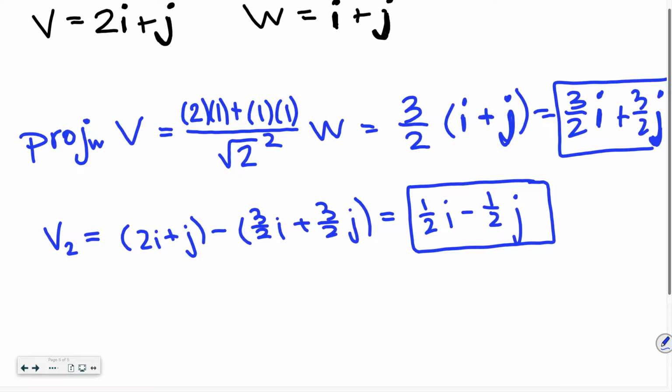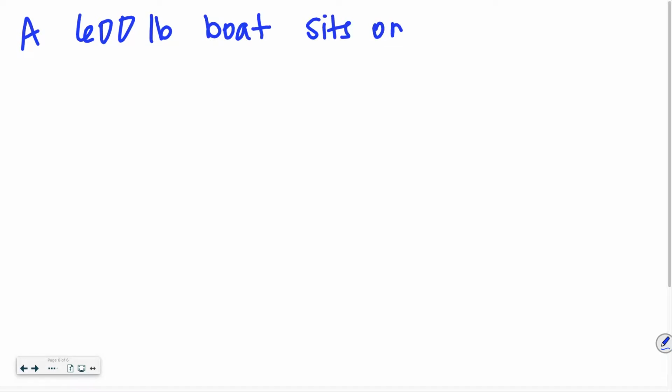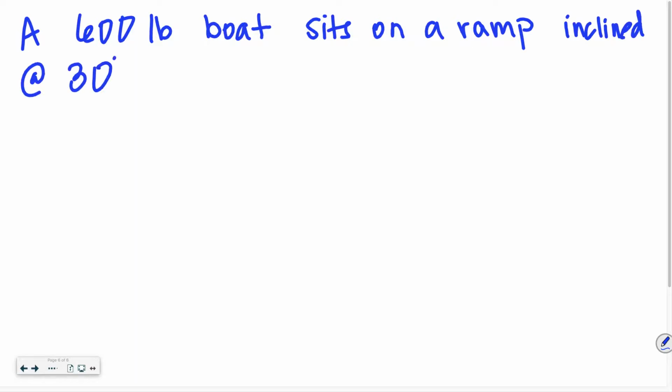Okay. Two practical examples. Are you ready? Practical example problems hurt my soul. A 600-pound boat sits on a ramp inclined at 30 degrees.